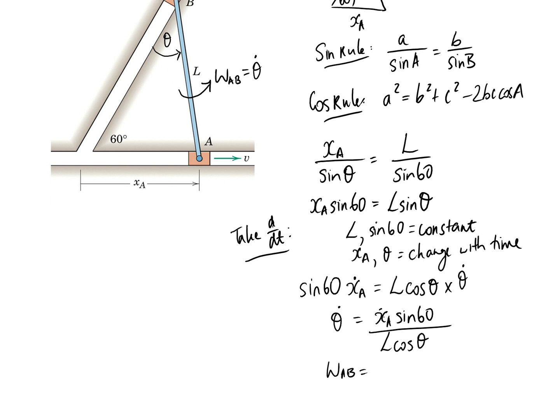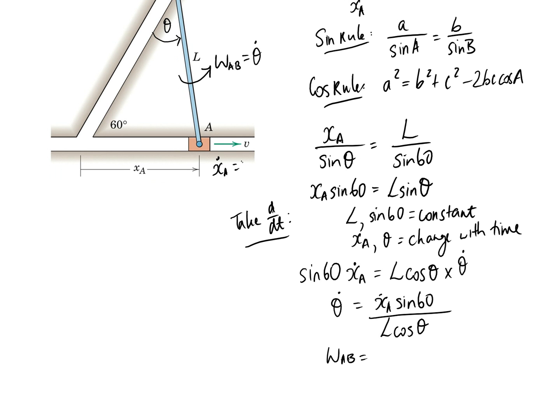We're not allowed to use x dot A, however, what we know is that XA is changing with respect to time, this length, and we know that the velocity of the block is equal to V. So again, we can make a relationship between them. XA dot, the rate that this side length on the triangle changes with time, is going to equal the velocity of the block. So that's something else we can replace in the equation.